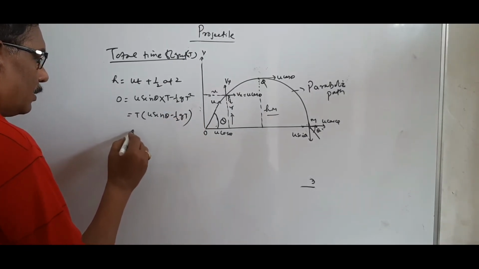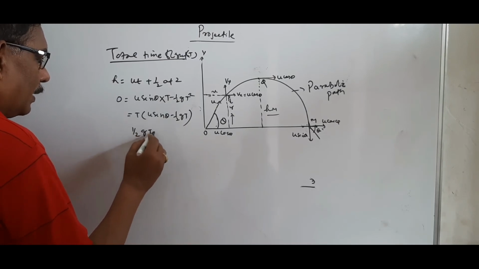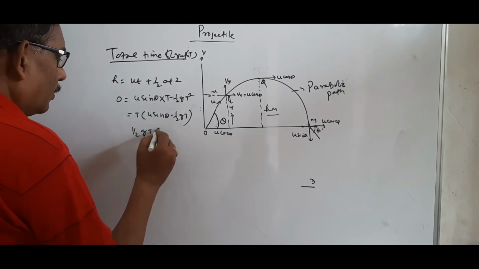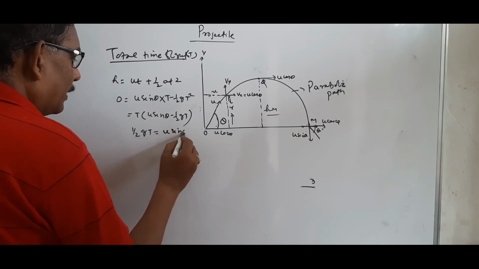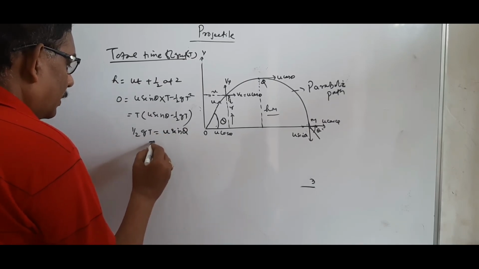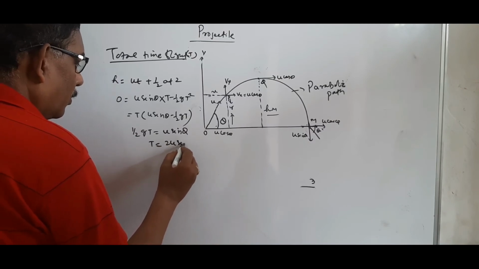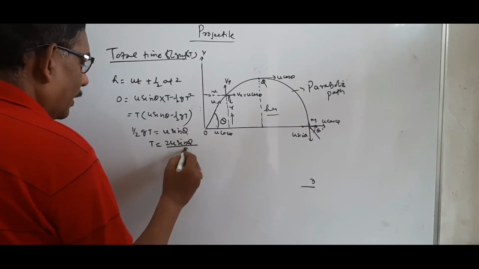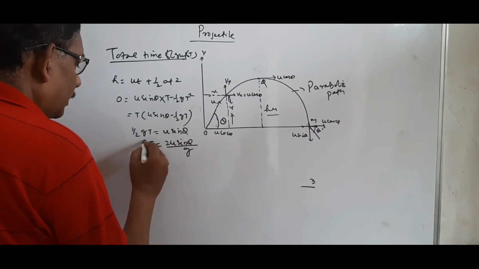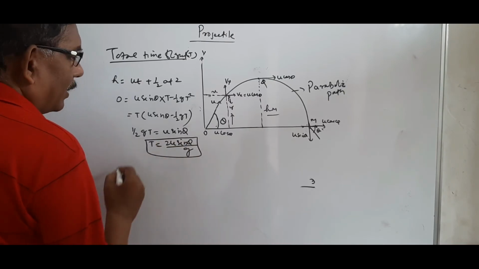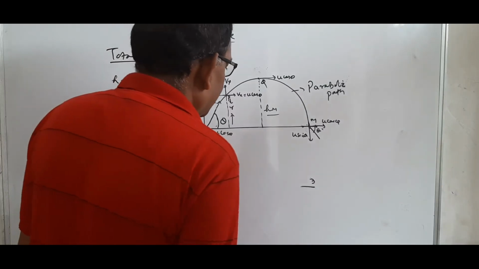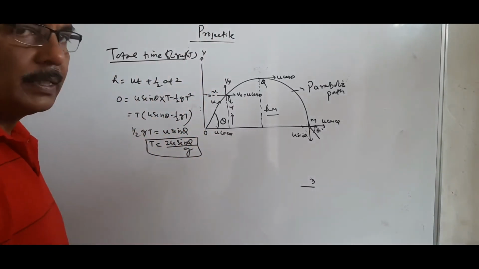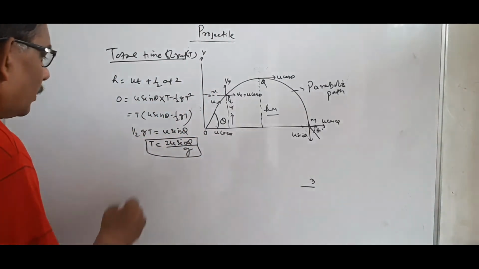After calculations, half gT equals u sin theta, or T is equal to 2u sin theta by g. It is your total time of flight from the starting point to the end point until it reaches the ground. Okay.